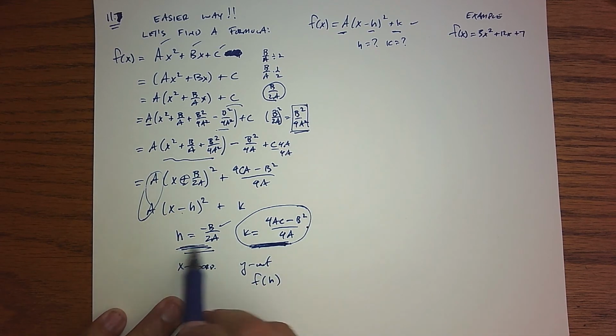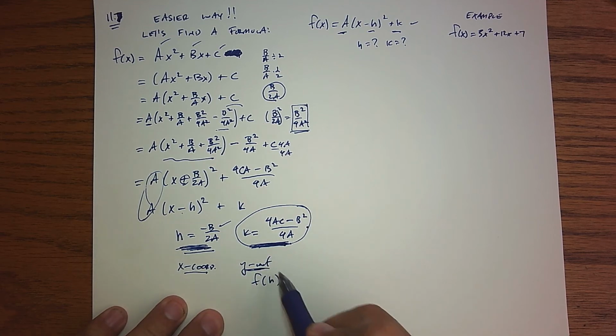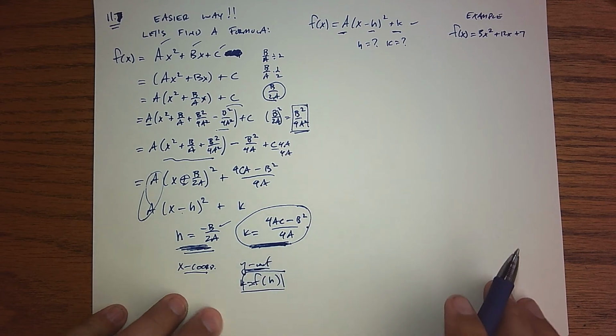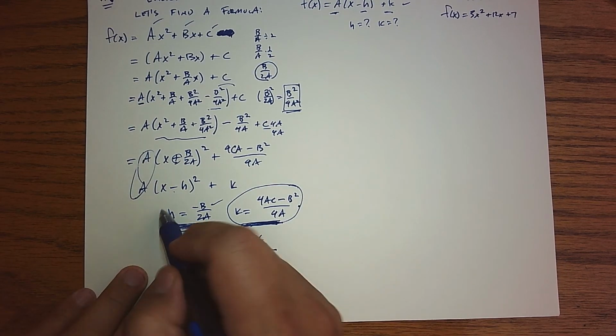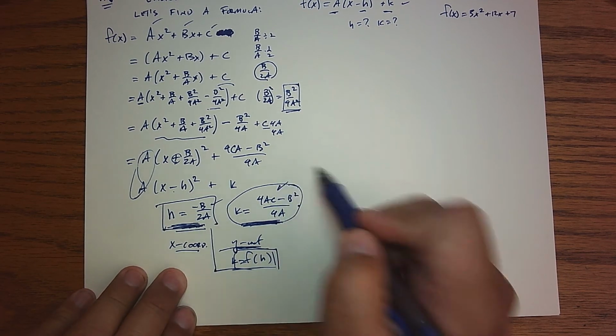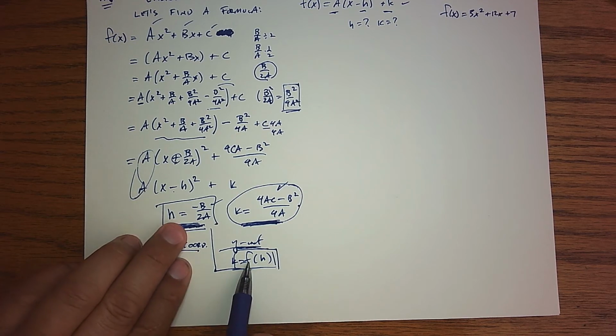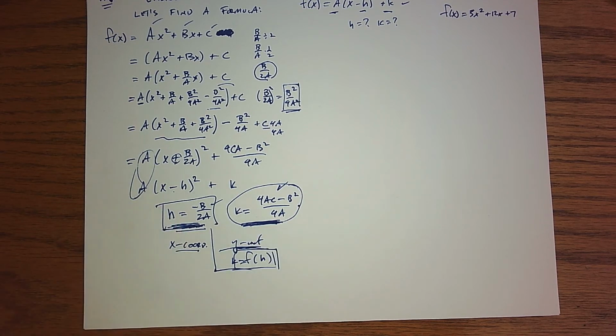Take whatever you got for h, that's your x-coordinate. To find the corresponding y-coordinate, just plug in the h that you got here. That's the way I prefer to remember the vertex formula. But if you want to use that for k, knock yourself out.